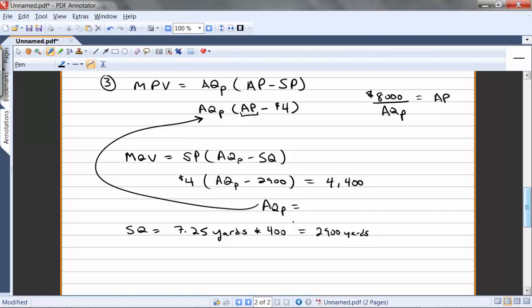Right? So let's solve for AQP here. We have AQP would equal 4,400 plus 4 times the 2,900, all divided by 4.